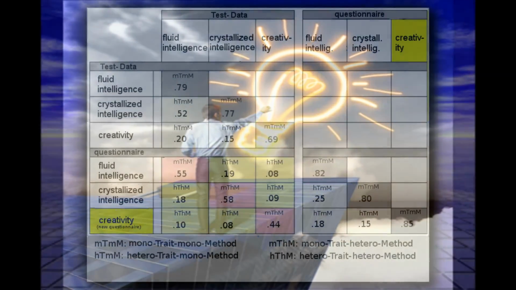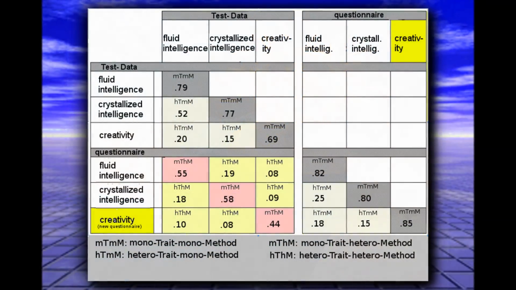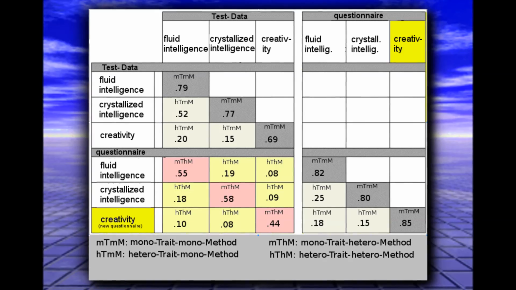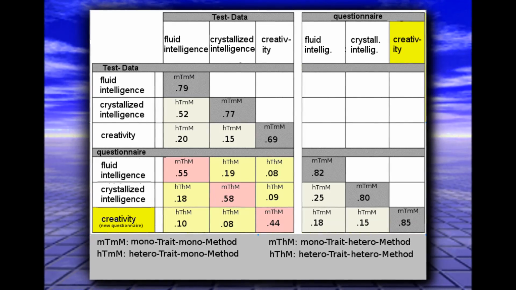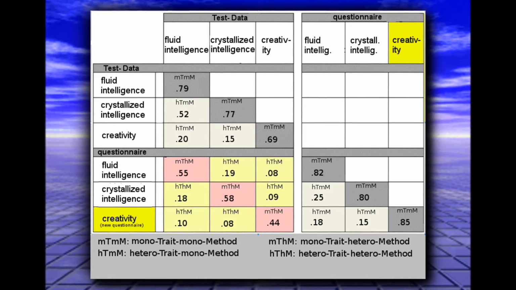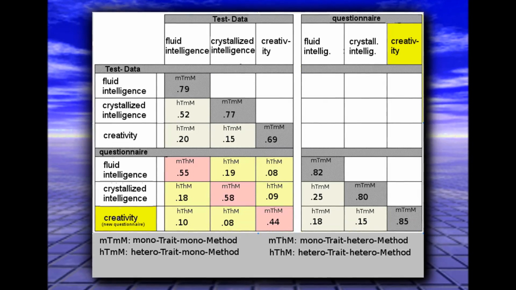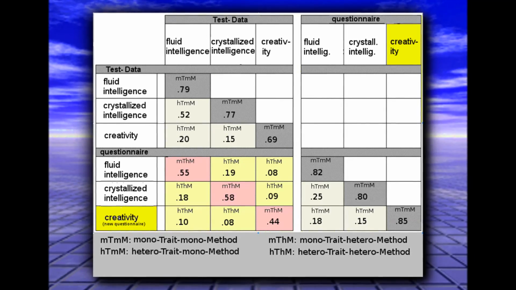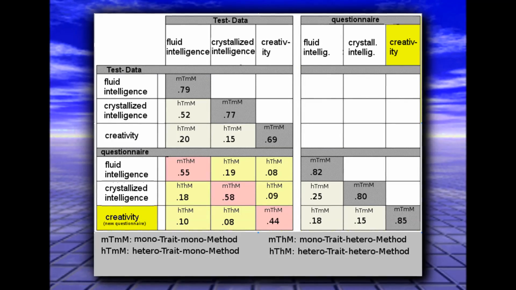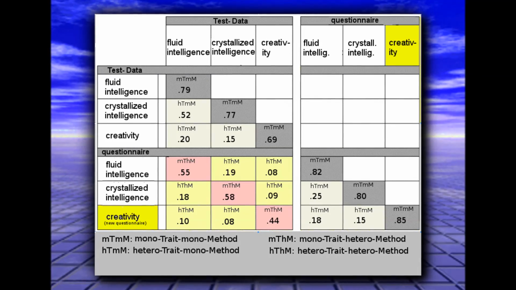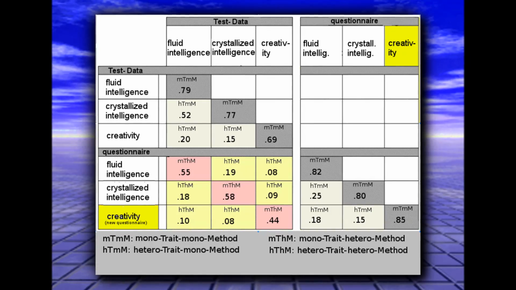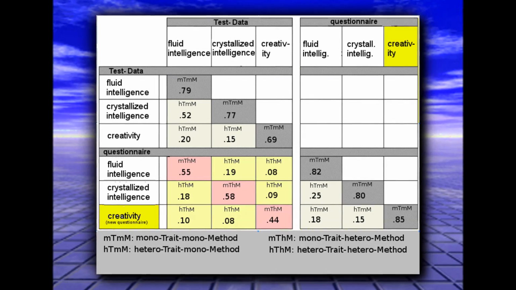At the end, I just want to hint at an obvious weakness of the multitrait multimethod analysis, and this is that the decision whether the results speak for construct validity of my instrument is quite subjective.